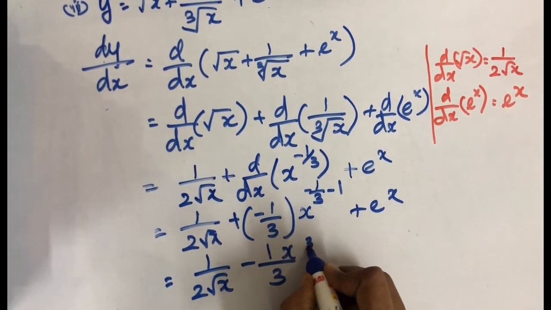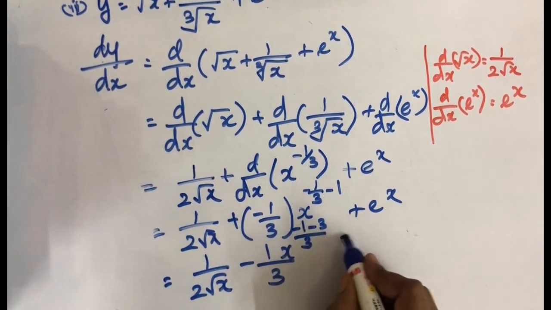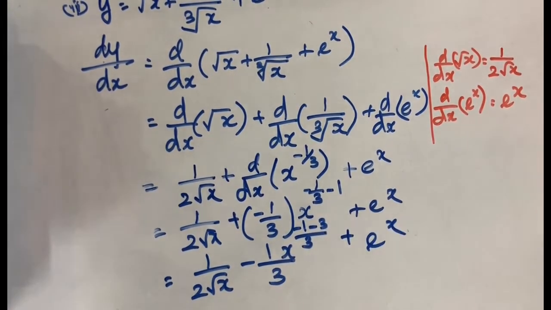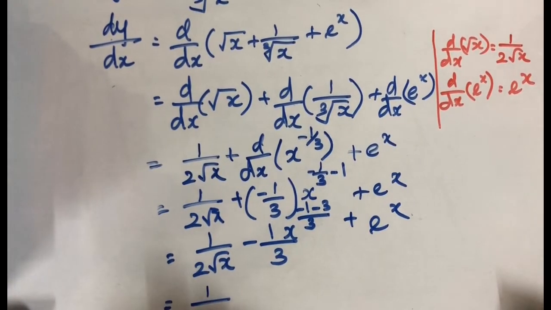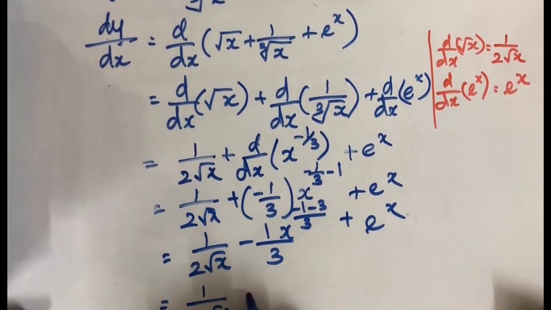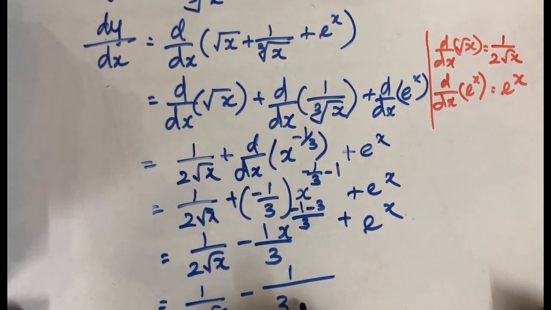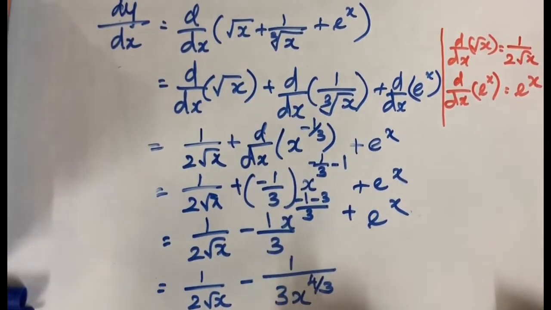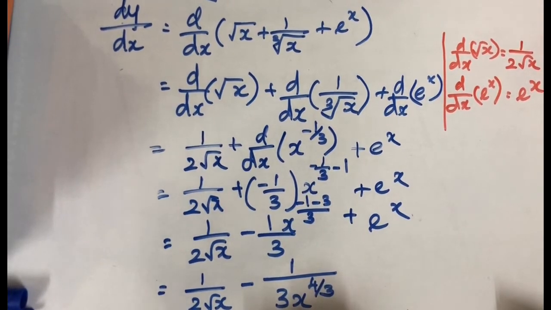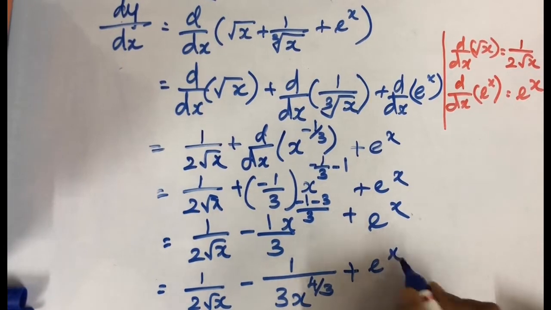If I take 3 as LCM, it is minus 1 minus 3, that is minus 4, so x^(-4/3), plus e^x. So 1 divided by 2 root x minus 1 divided by 3 into x^(4/3). Numerator minus 4/3, while moving it into the denominator, it will become x^(4/3), plus e^x.